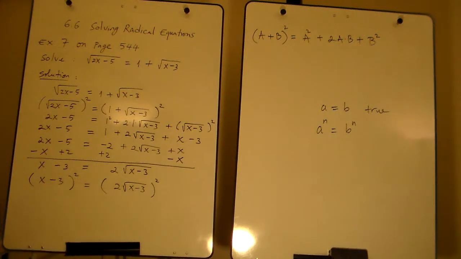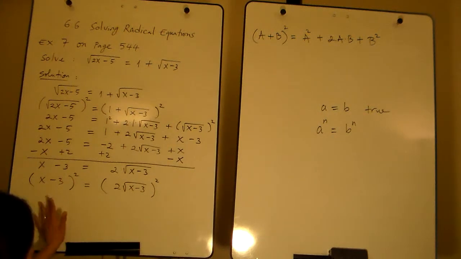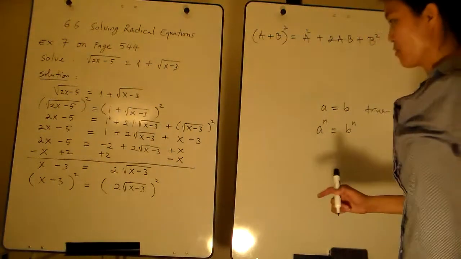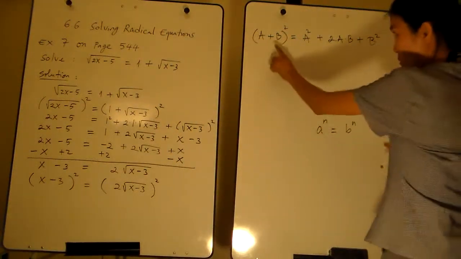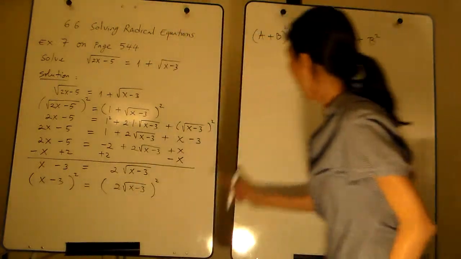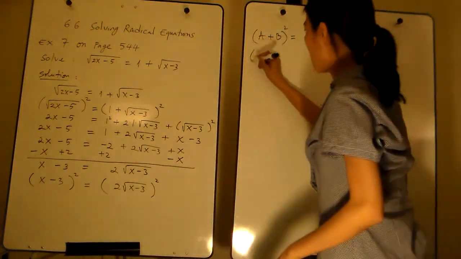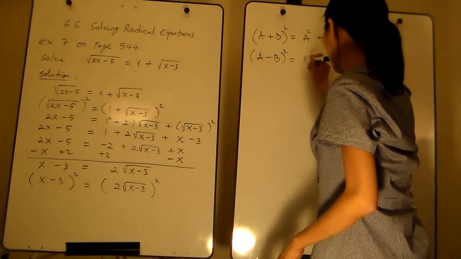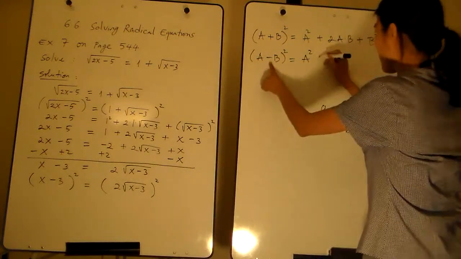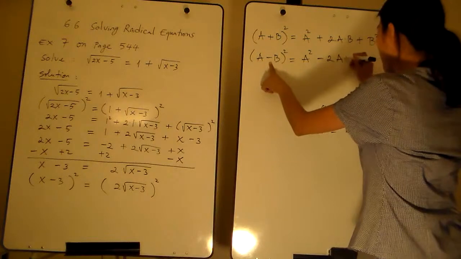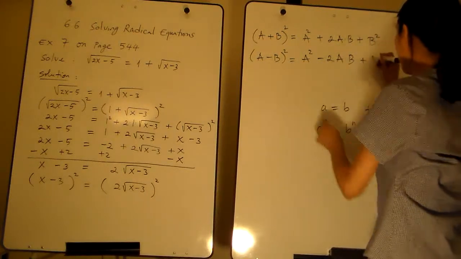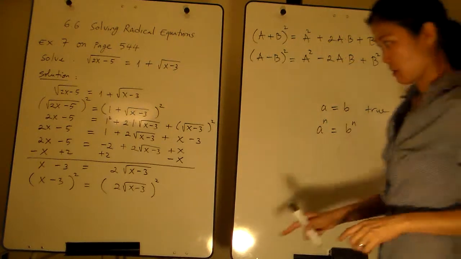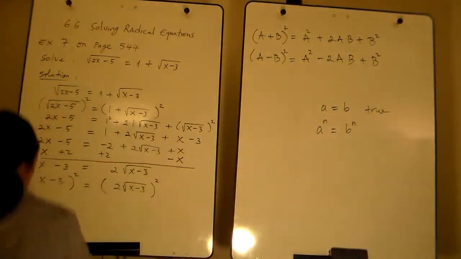Now for this, I'm going to use the formula for squaring the binomial. Very similar to the previous one, but this time you have the negative sign. So the formula is a minus b squared equal to a squared minus 2 times a times b plus b squared. I'm going to use this second formula here for the left hand side.